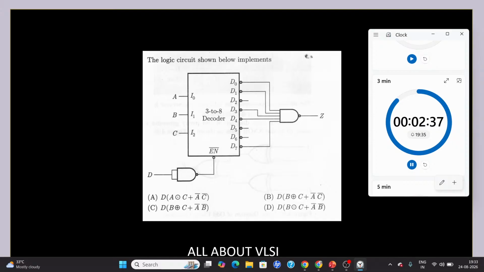So the logic circuit shown below implements a particular decoder and they're asking what is the output expression Z. A simple question. There are basically four options and we need to find out what is the matching answer.